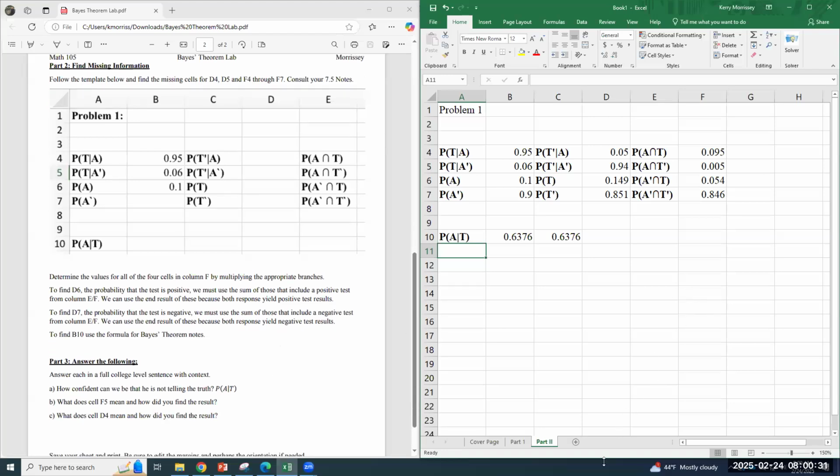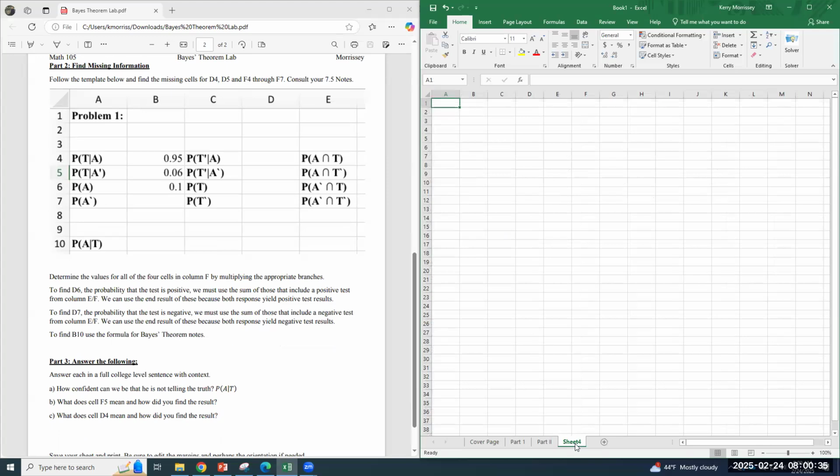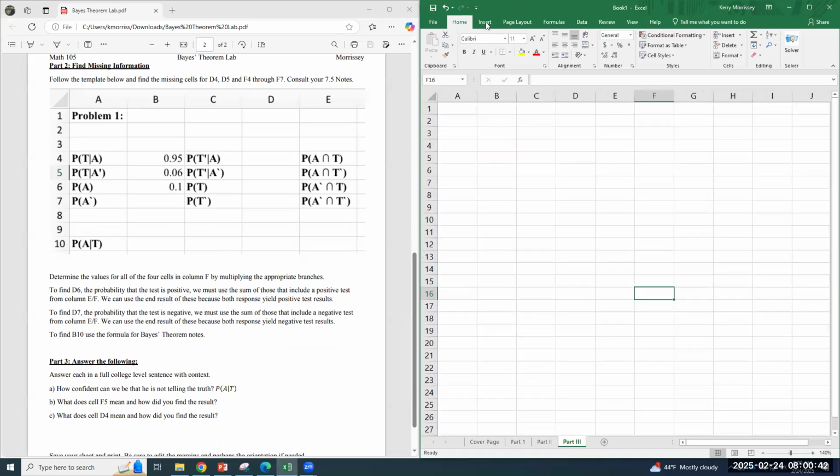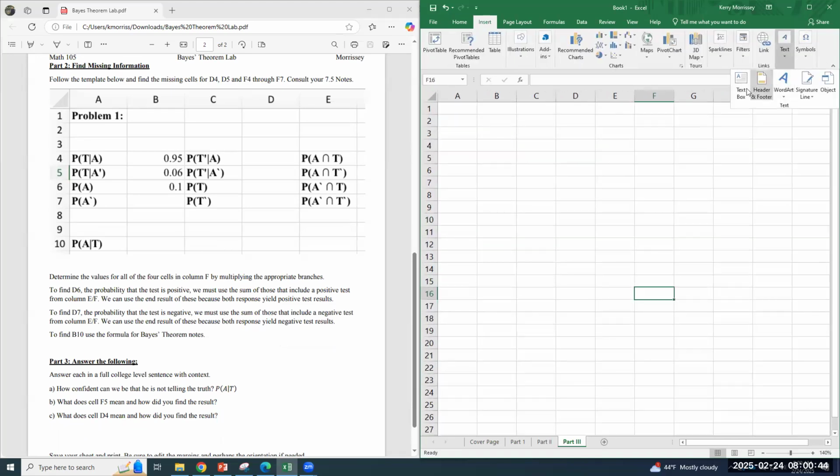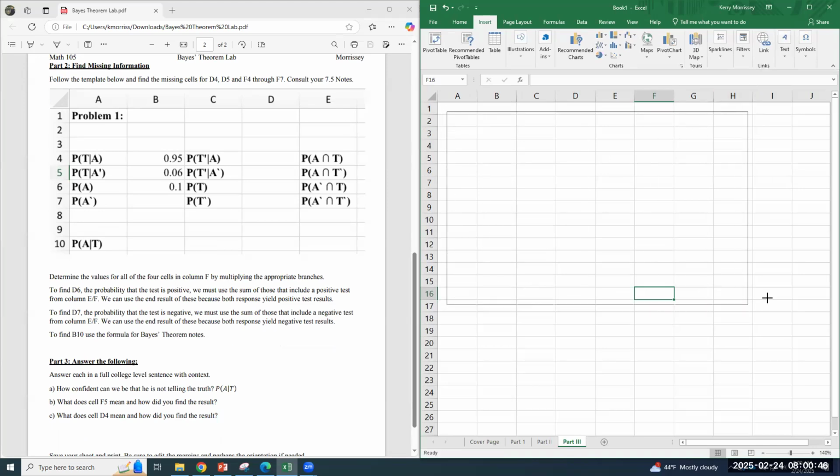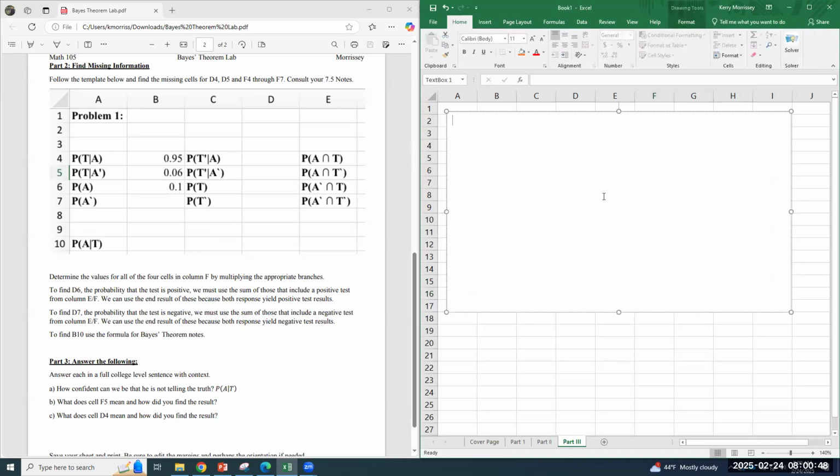So now part 3, we're going to be answering the following questions. And you can open up a new sheet if you want. Part 3, I might just open up a new sheet, insert my text box. So make sure we're answering this in college level sentences with context, all of the good things.